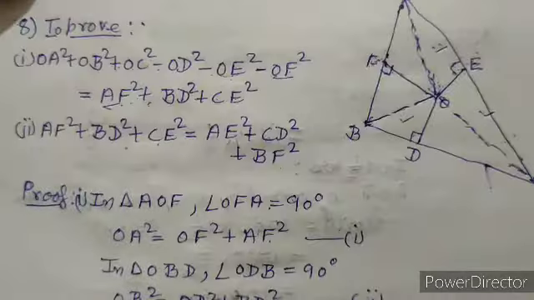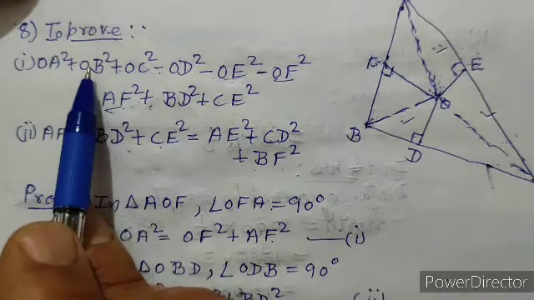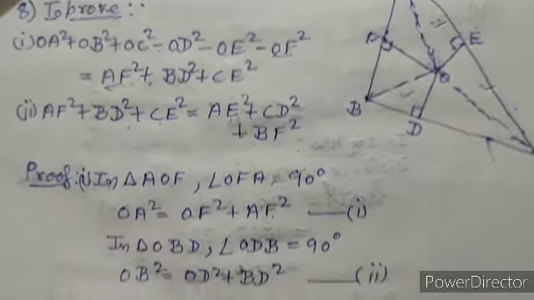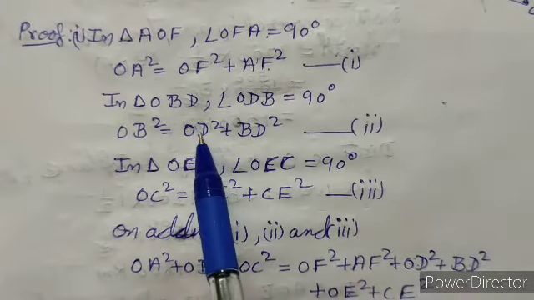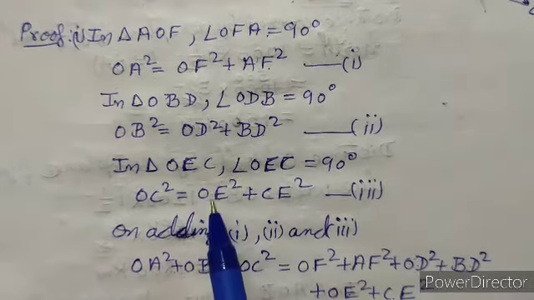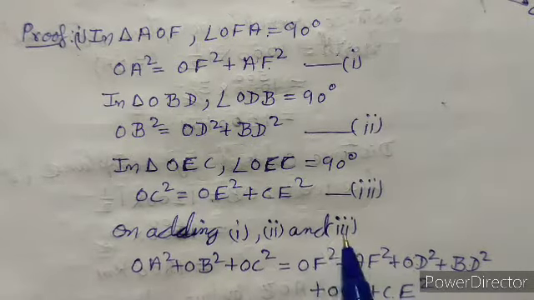Now on adding these three, we will get OA square plus OB square plus OC square equal to OF square plus AF square plus OD square plus BD square plus OE square plus CE square.